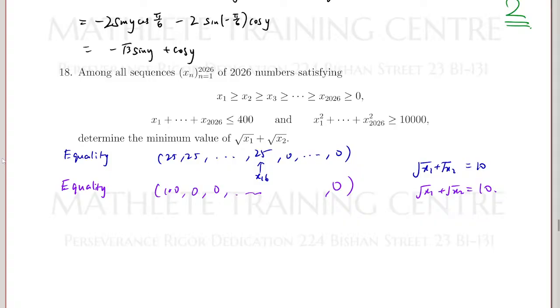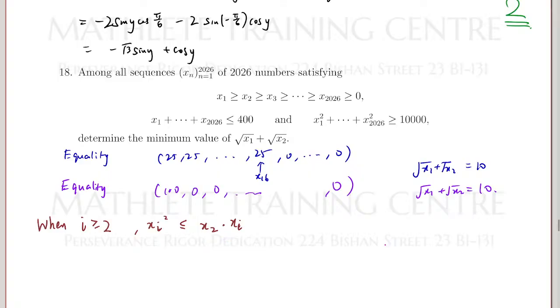And the idea is that we're going to use this: when i is at least 2, xi squared is less than or equal to x2 times xi. Now this is obvious from this given condition, because xi is less than x2, that's why xi squared is less than or equal to x2 times xi.